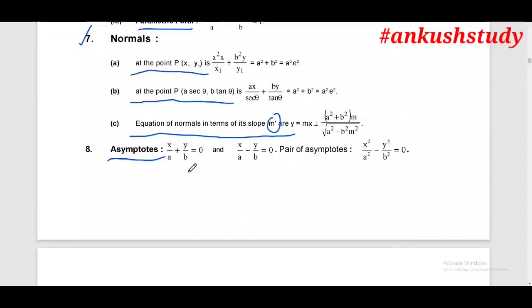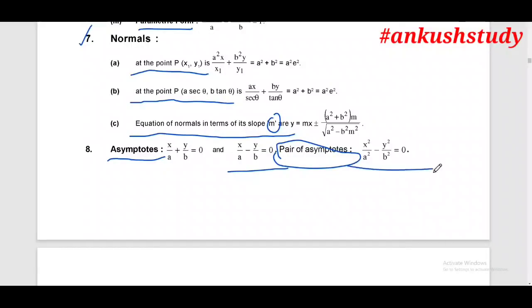And now the asymptotes are x upon a plus y upon b is equal to 0, and the next one is x upon a minus y upon b is equal to 0, and this one is the pair of the asymptotes.